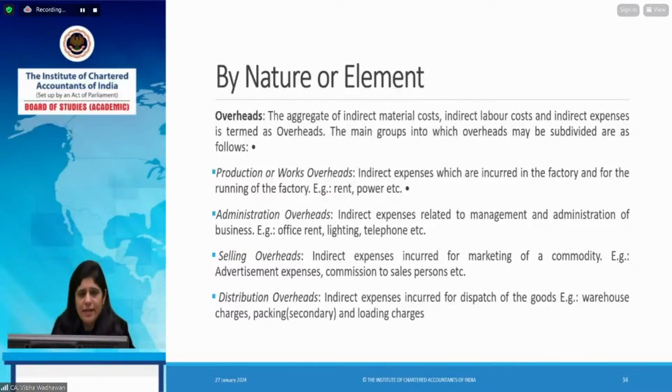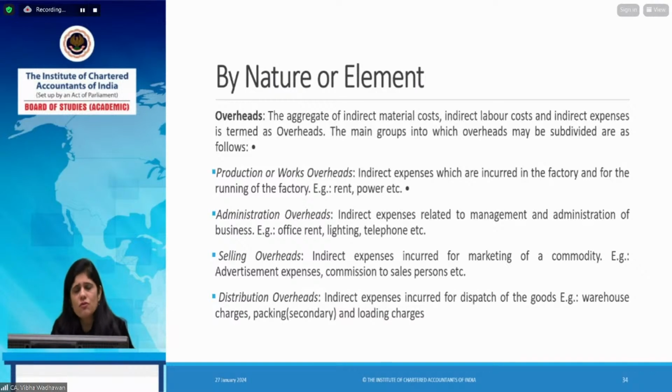Then overheads. Overheads means what we call the upper expenses, which are not directly on the product but which incur. Overheads are also called as indirect. So we have done indirect material, indirect labor, indirect expenses. All these indirect costs are called as overheads. Clear? So we have the groups for indirect overheads.